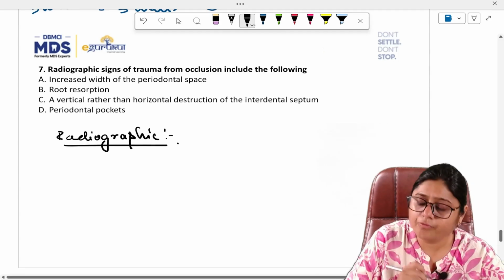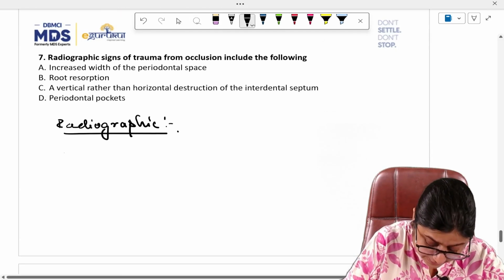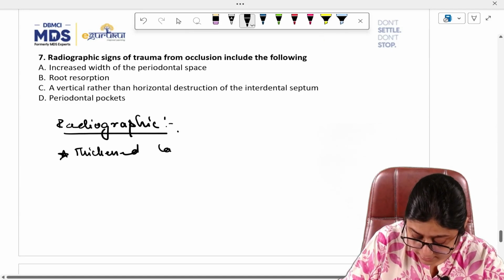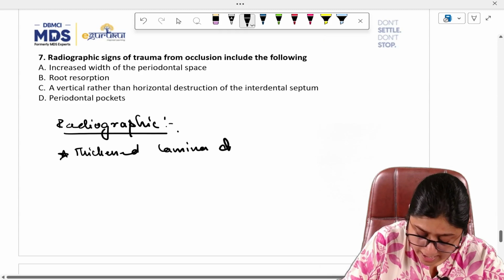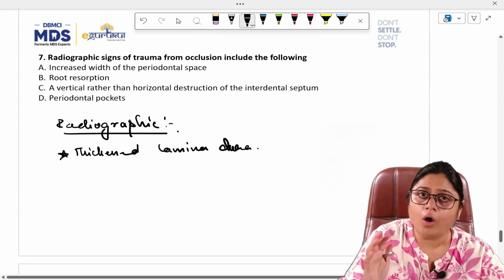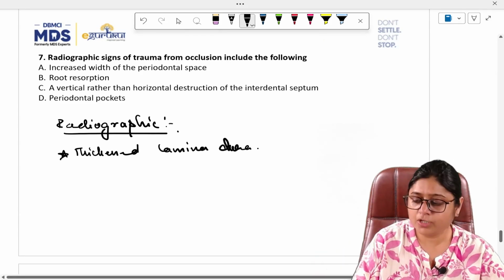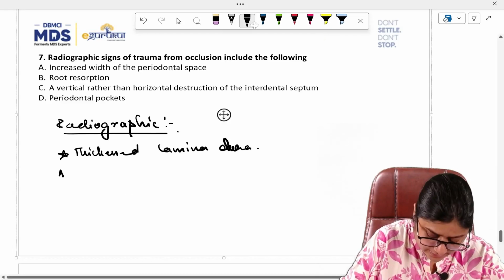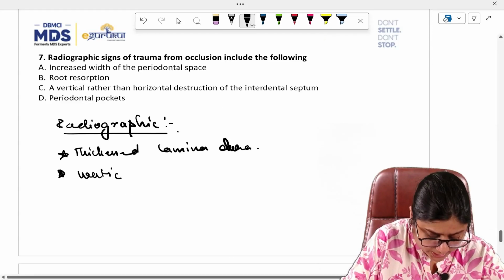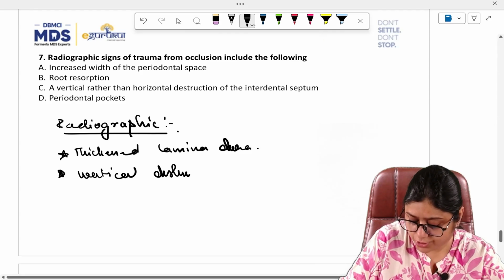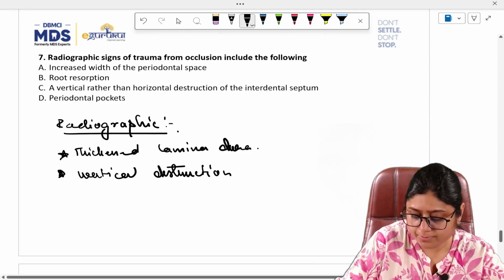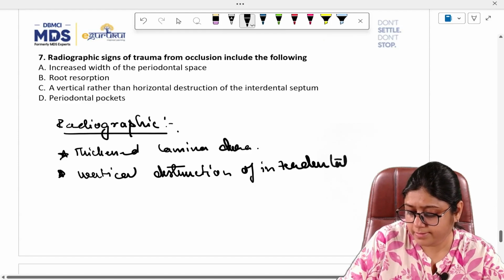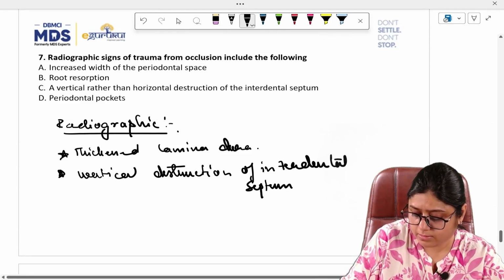Radiographic signs of trauma from occlusion are: there is thickened lamina dura. On the lateral aspect of the root, in the percussion area, in the apical areas, you will see that the lamina dura is thickened. Then there is vertical destruction of the interdental septum.